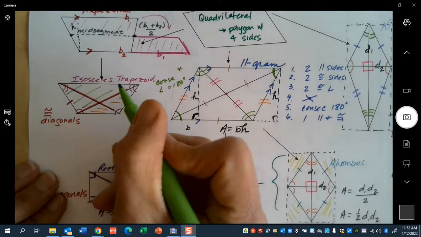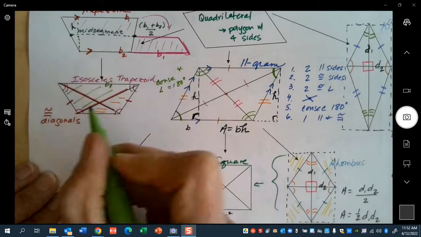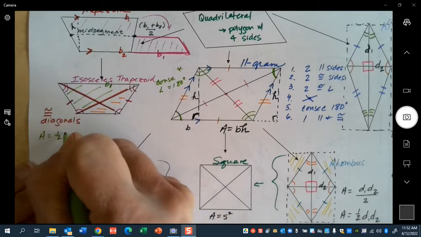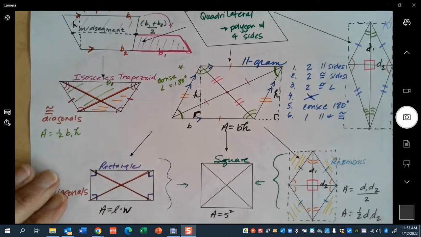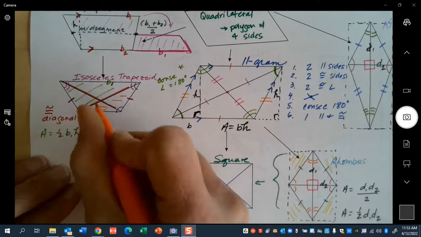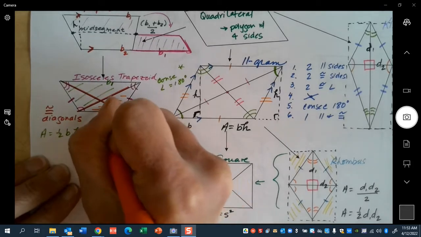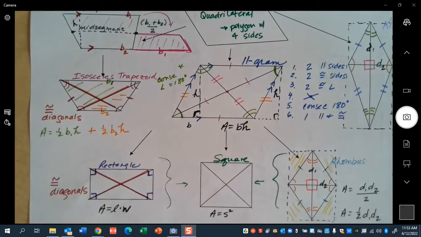My green triangle, if I make this base 1, my area is 1/2 times my base times my height. The area of my orange triangle is also 1/2 times its base times its height.